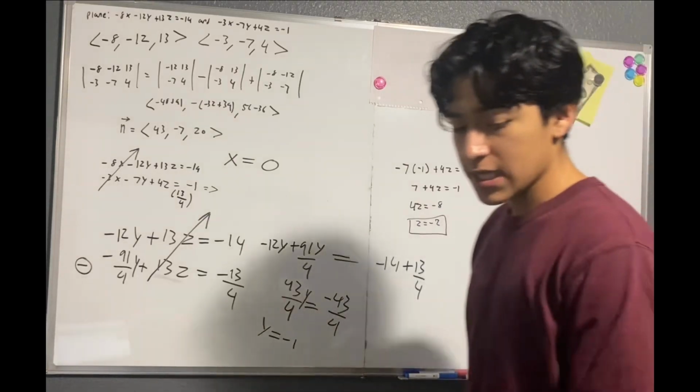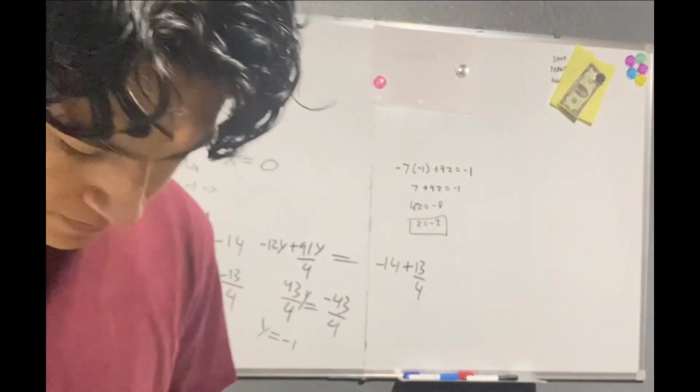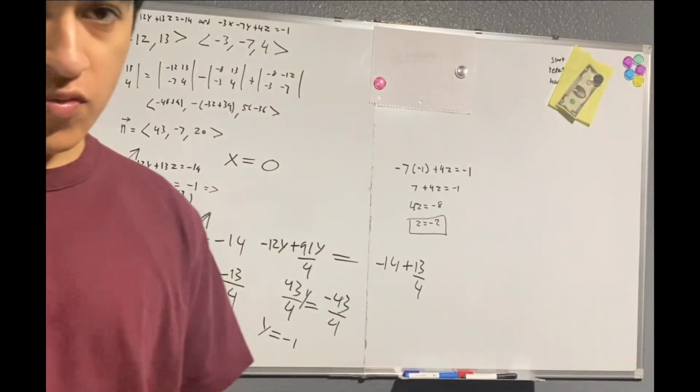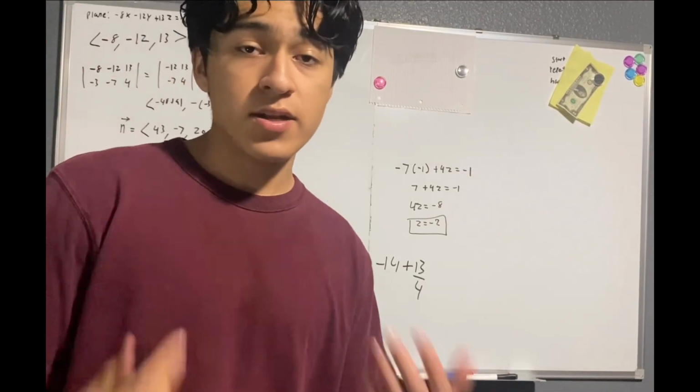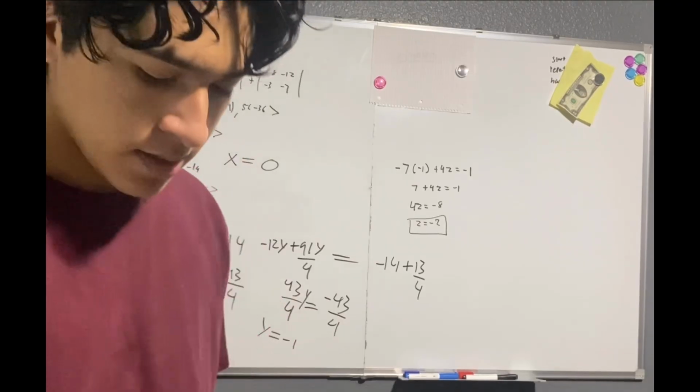Z is equal to -2 in this case. And so now we have our points and we have our vector. So now we can find our parametric equations.